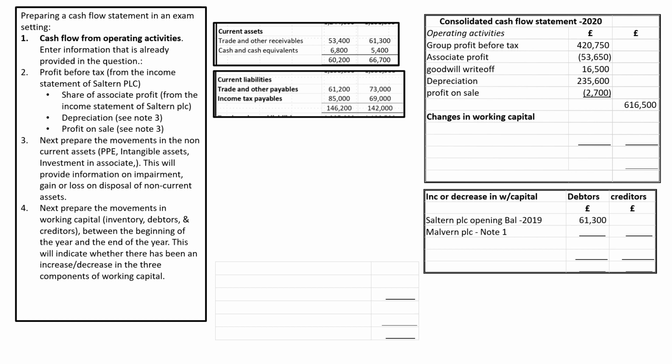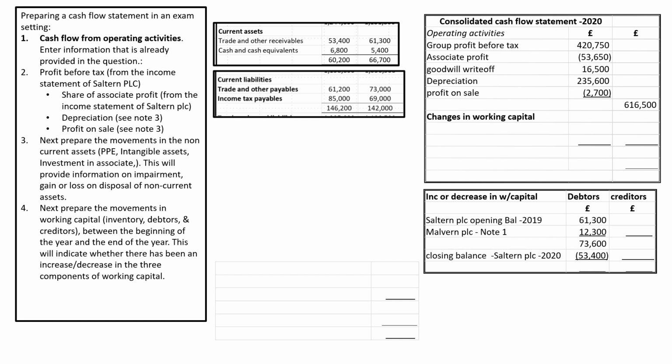We've got Melbourne, which was acquired during the year, and we have to add in its working capital on debtors, which is 12,300. We add it up, and then we take away the closing balance taken from Salton PLC of 53,400.